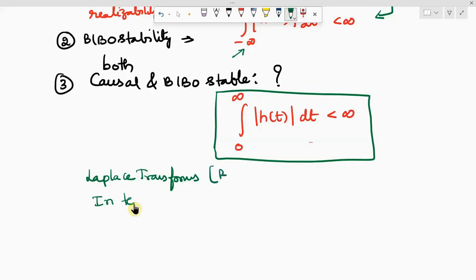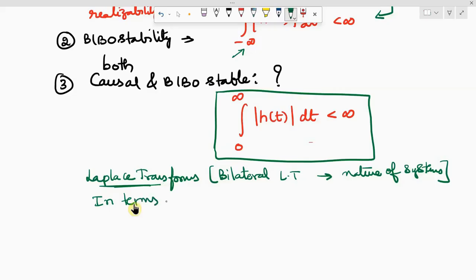That is bilateral, you already wrote. You can check your book. Bilateral Laplace transform application is commenting on the nature of systems. So using this Laplace transform concept, we will again discuss the same three conditions, and it's not in terms of h of t, because I am talking about the Laplace transform.